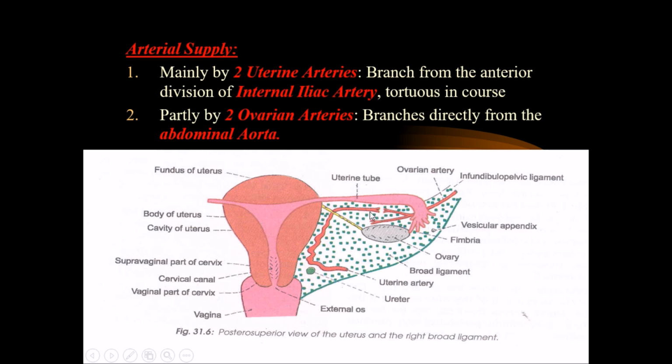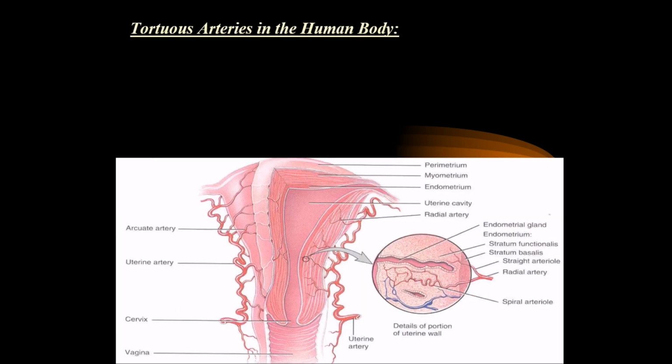Here you can see, just below the uterine tubes, the uterine artery will be anastomosing with the ovarian artery. So partly the ovarian arteries on either side will be supplying the uterus. The ovarian arteries are direct branches from the abdominal aorta, just like the testicular arteries. So the uterine arteries as well as the ovarian arteries are the main arteries which supply the uterus.